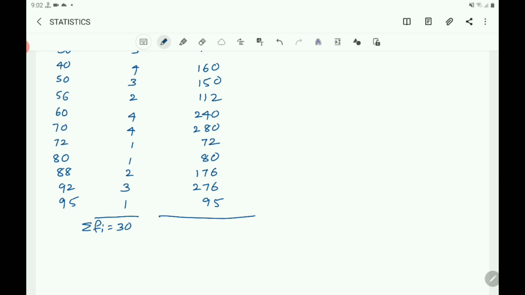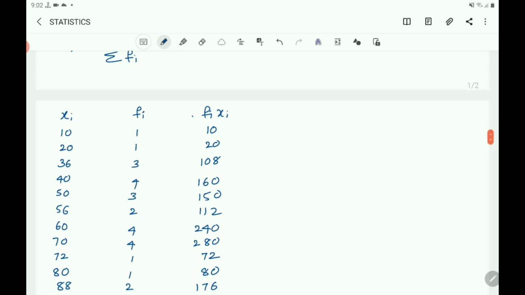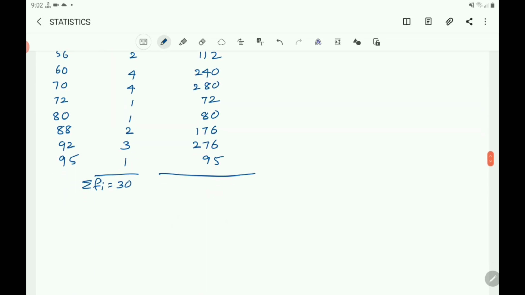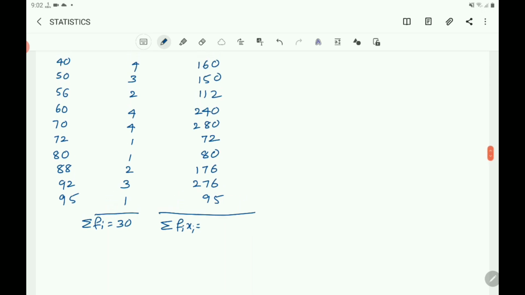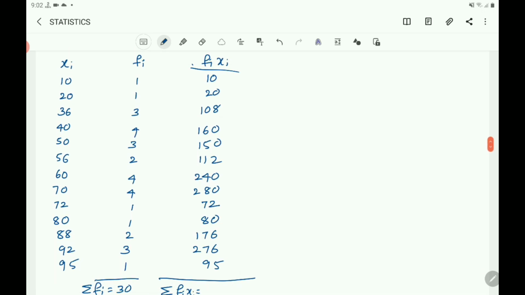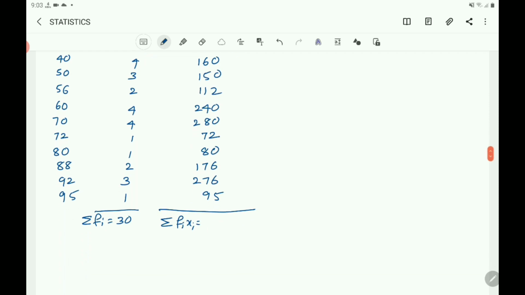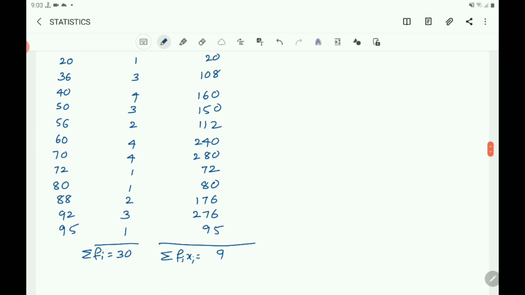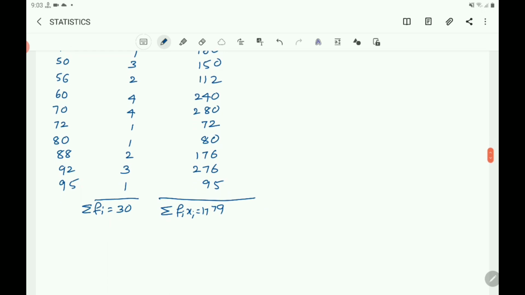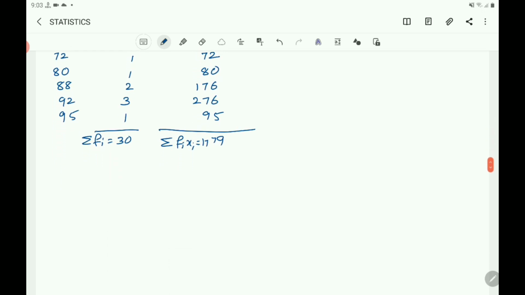Now find the sum of all fi xi. Adding all these, you will get summation of fi xi equals 1779.